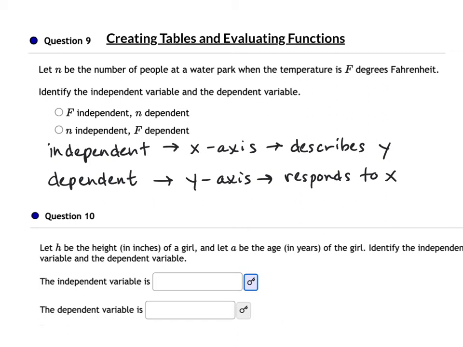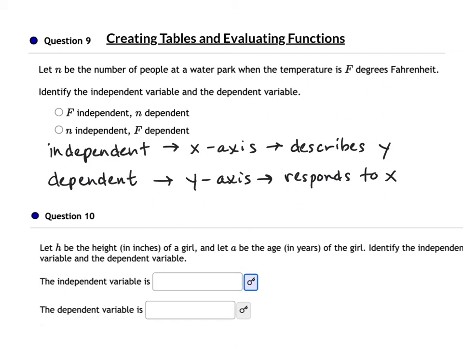Let n be the number of people in the water park. When the temperature is F degrees Fahrenheit, identify the independent variable and the dependent variable. Which one describes the other? Does the number of people describe the temperature? Or does the temperature describe the number of people?